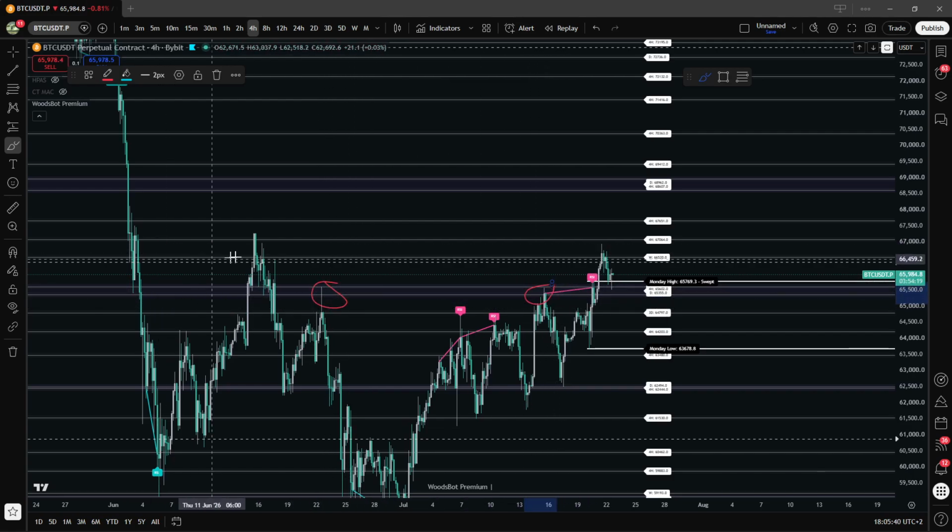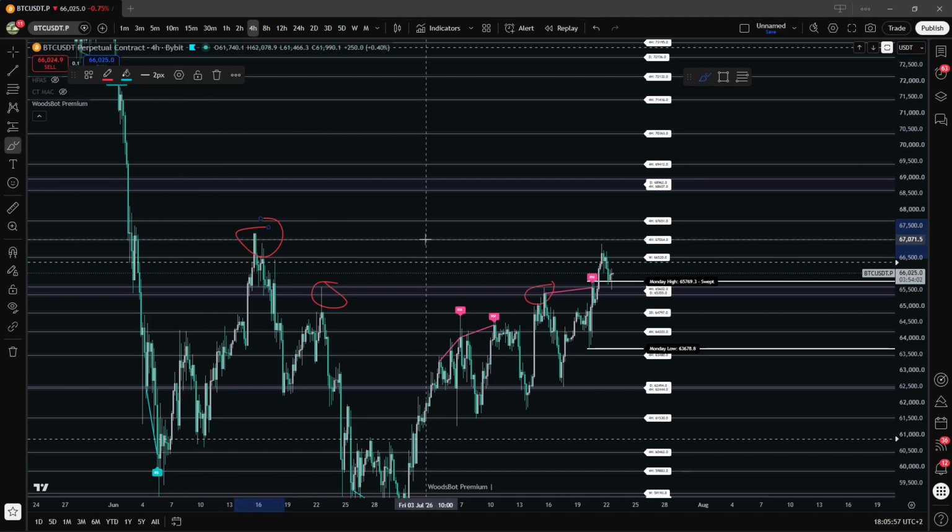So this confluence zone has been strong resistance. Now price action has closed above that resistance, and now that resistance is support. So this should be considered strong support, and this is where price should bounce and hold this area.